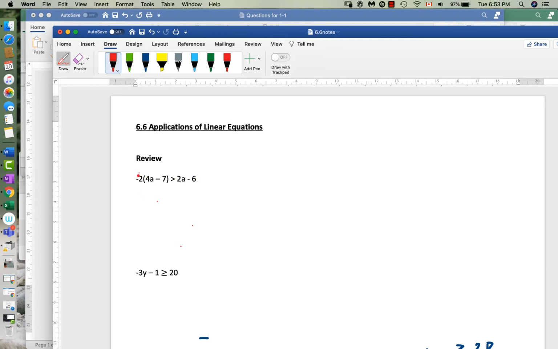The first thing we want to do is distribute the minus 2 to the 4a and to the minus 7. So minus 2 times 4 is minus 8a, and minus 7 times minus 2 is plus 14. Now that's been distributed, and that's greater than 2a minus 6.